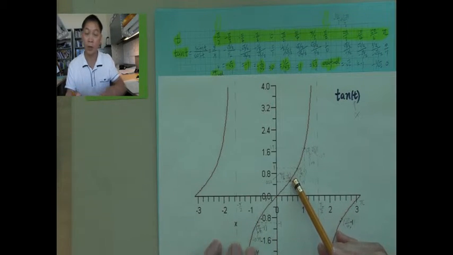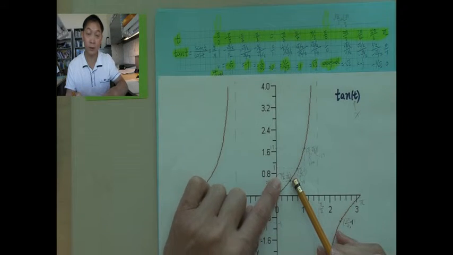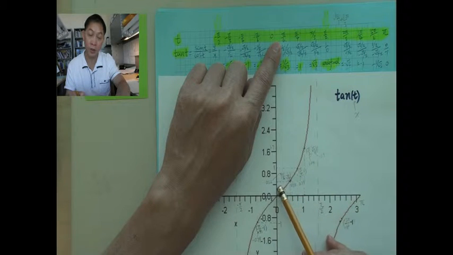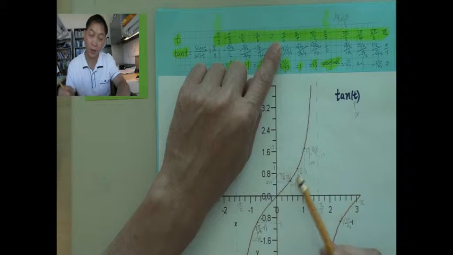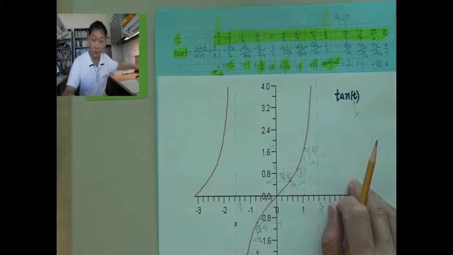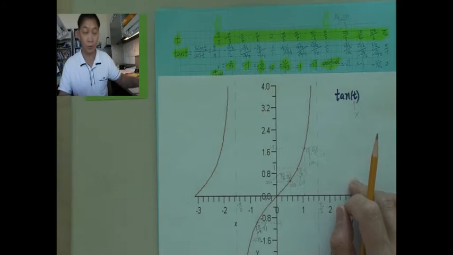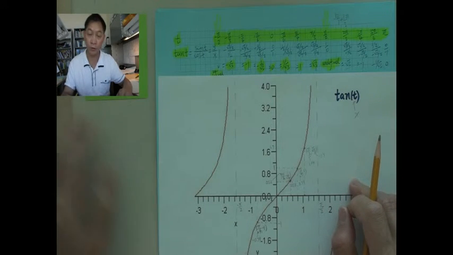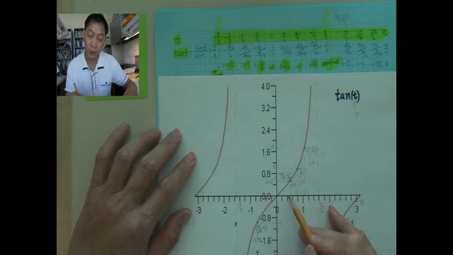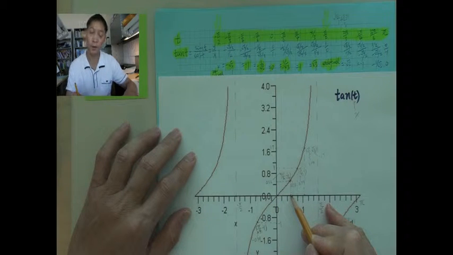And then for pi over 6, x equals pi over 6, which is approximately 0.52. Here is 0.2, 0.4, 0.6, so 0.52 is roughly here.